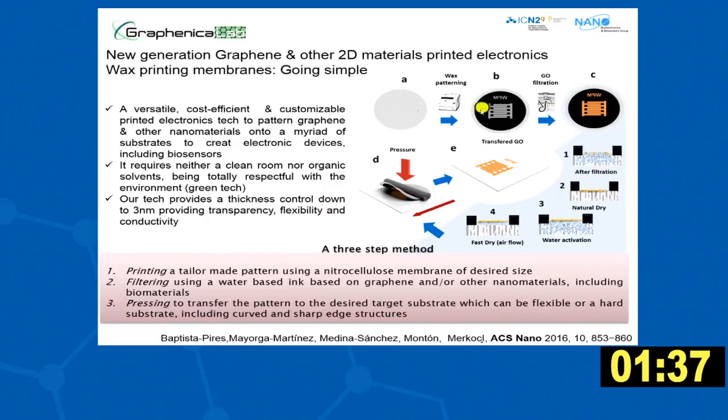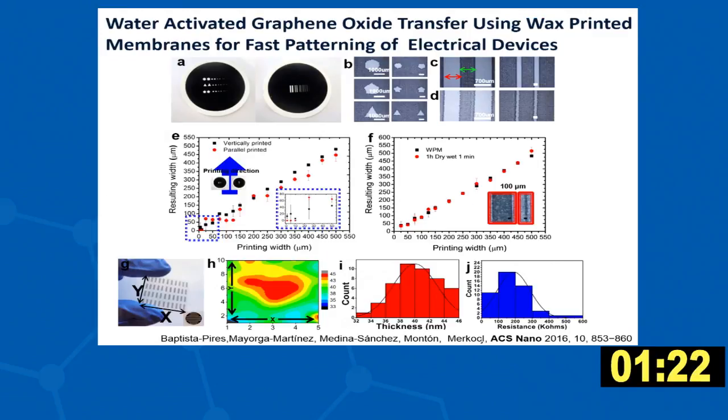So by wax patterning, we are able then to, after filtering graphene, transfer this graphene oxide or graphene oxide mixed with different kinds of nanomaterials to any surface. So after controlling, of course, the performance of these devices, we have nice reproducibility and good printing width and printing with interest for these kinds of sensors.